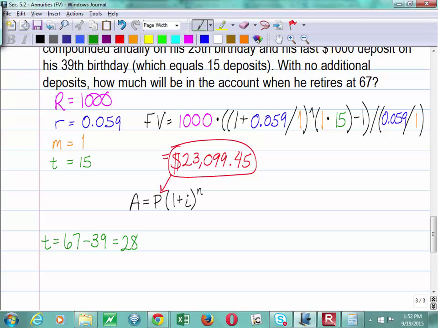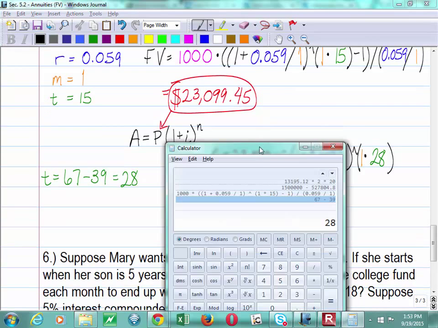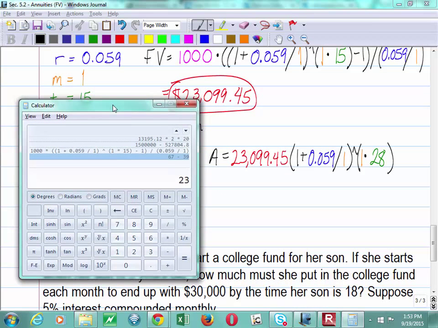Alright, so let's put that in the calculator. Oops, forgot my multiplication symbol again.